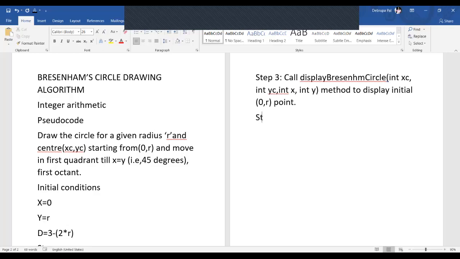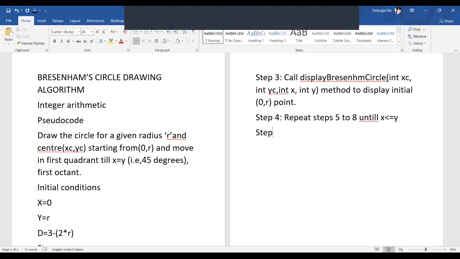Now if we look into step 4, how step 4 works. Repeat steps. This is a loop. Repeat steps 5 to 8 until the value of x is less than or equal to y.